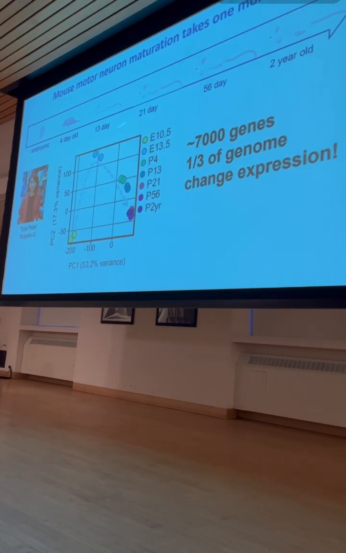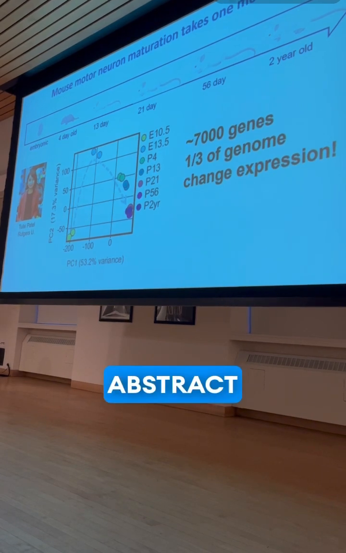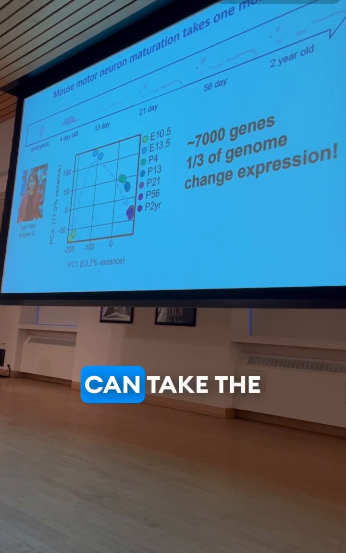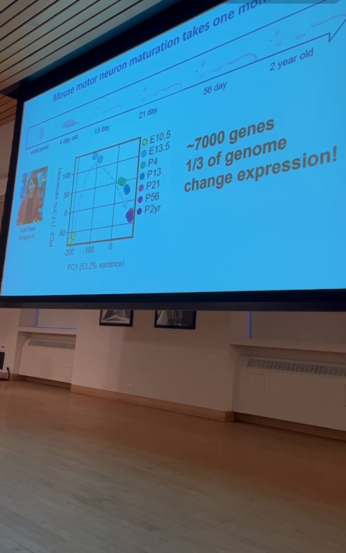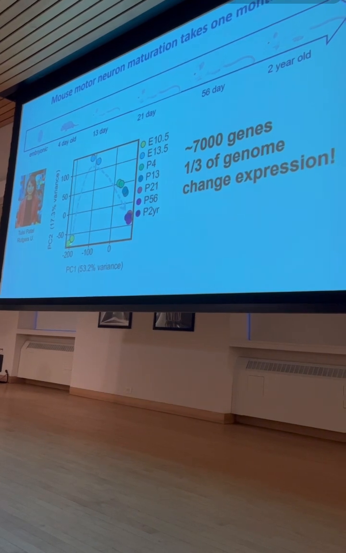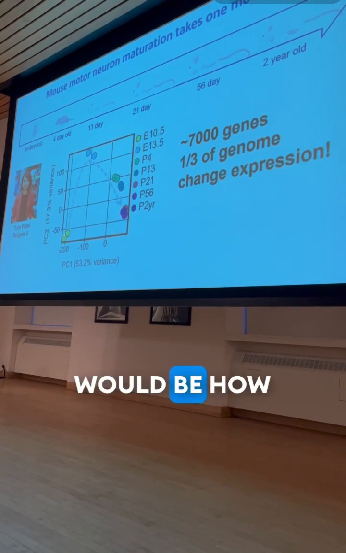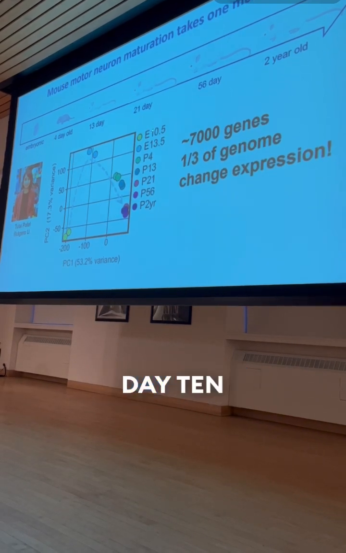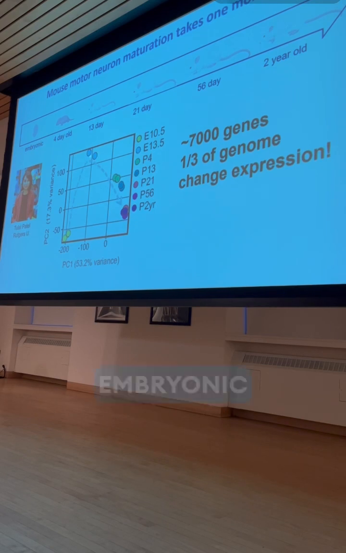And so now I'm representing her data in this more abstract way, where you basically can ask which of the 20,000 genes are expressed, and then just show distance, how different the expression is from one state to another. And so this would be how the cells in the embryonic day 10 mouse look. This is 3 days later, embryonic day 13.